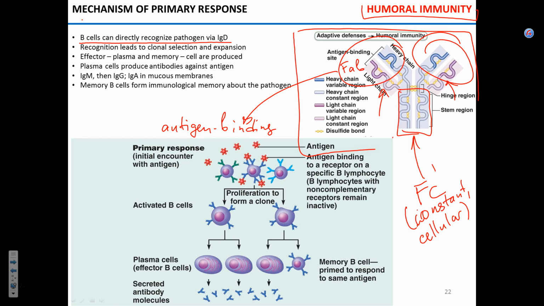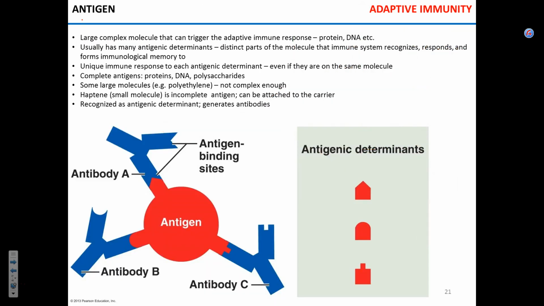We good? Now, to clarify things a bit, FAB fragments on the same antibody have the same specificity, meaning that if this antibody recognizes, I don't know, flu virus, then this one recognizes flu virus and this one recognizes flu virus. Does that make sense? Now, if we move back for a second, you will see that this is antibody. This is FC fragment.